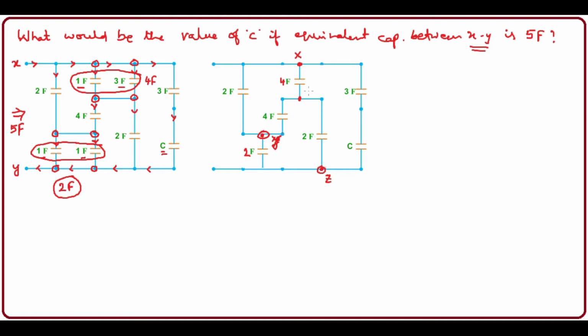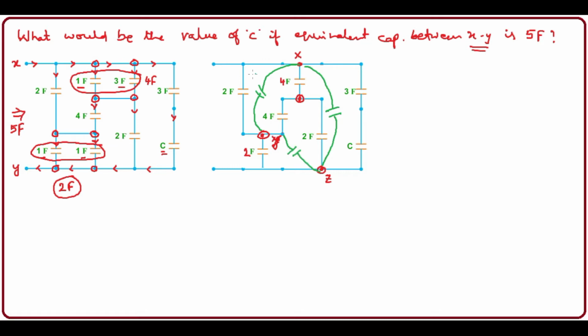Here, this is star connected because there is a midpoint, so we can see this is one branch, this is another branch, and this is one more branch. If I convert this part into a delta connection, it will be like this, between these two.